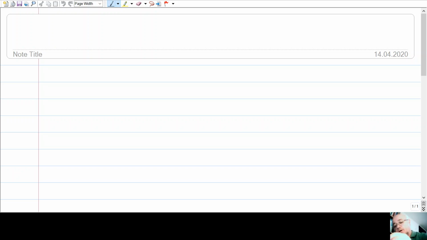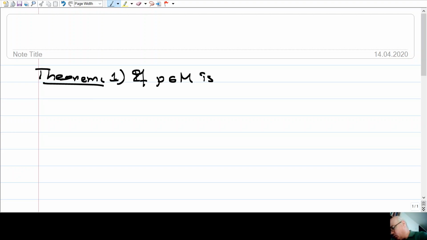Last time I wrote down a theorem but didn't prove it. Let me restate the theorem and then we will prove it. The first part of the theorem: if P is a point on the surface and is an umbilic point, which means that at the point P all the normal curvatures are the same. It is constant in all directions.